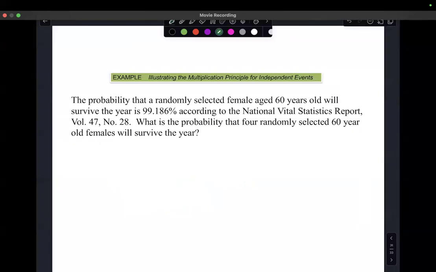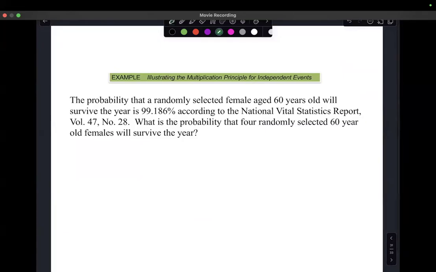All right. And actually, this is it right here. No, there's another one coming up. So, the probability that a randomly selected female will survive the year is 99.186%. We already know that. We want to know the probability that four will survive the year. So, I would like you to calculate this, four of them.